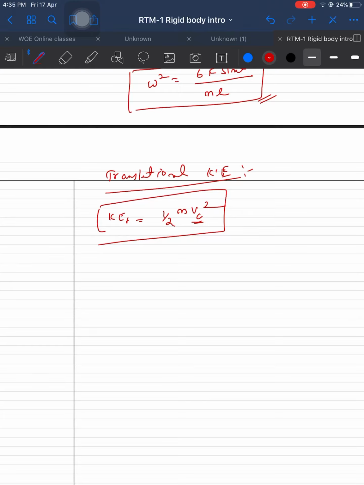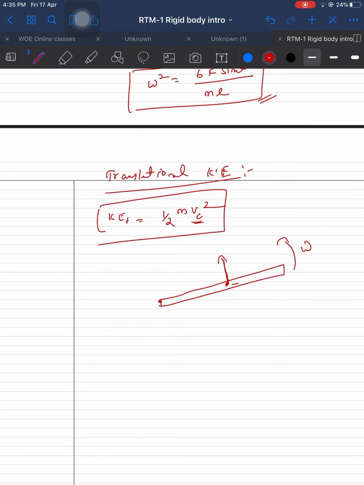What will be the velocity of the center of mass? If you take an angle position at this much angle, it is rotating with angular velocity omega, where the center of mass of the rod will be at the center. Vc is equal to L by 2 into omega.